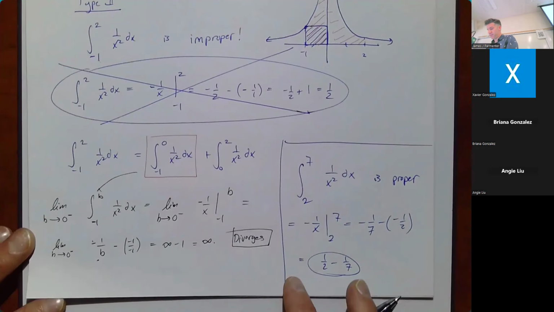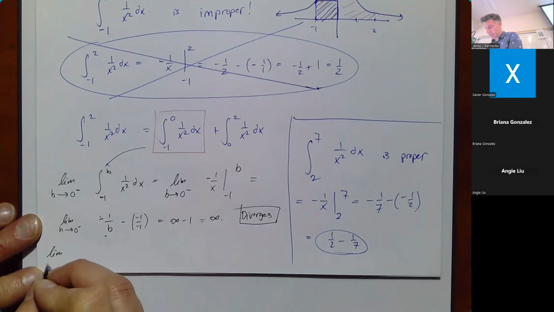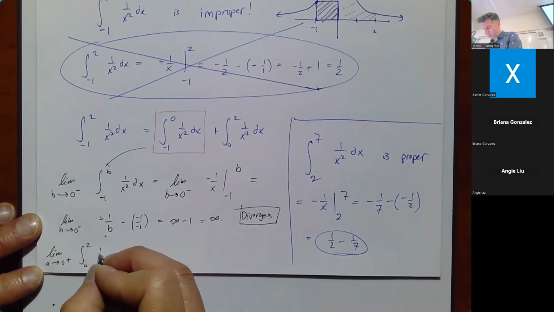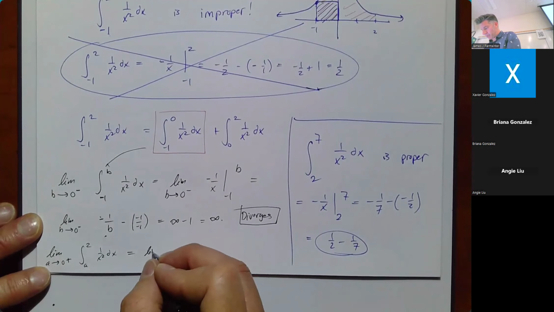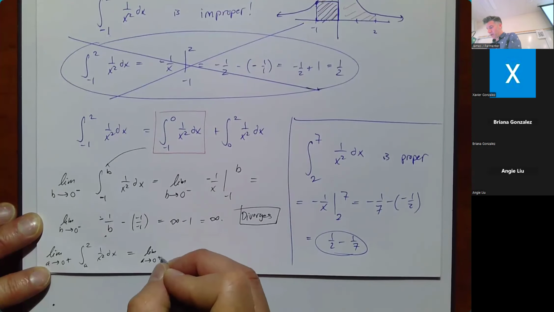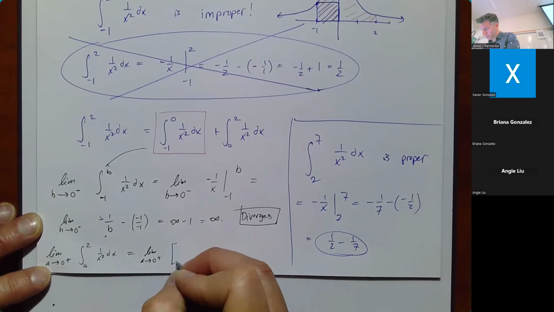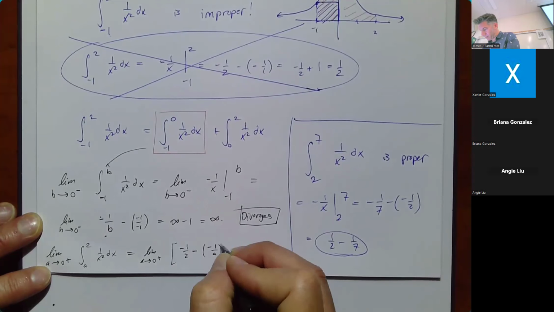And if we did that, the other piece would also diverge to positive infinity. The limit as a approaches 0 from the right of the integral from a to 2 of 1 over x squared. Showing not a lot of work here, it is going to be the limit as a approaches 0 from the right of negative 1 over 2 minus negative 1 over a.